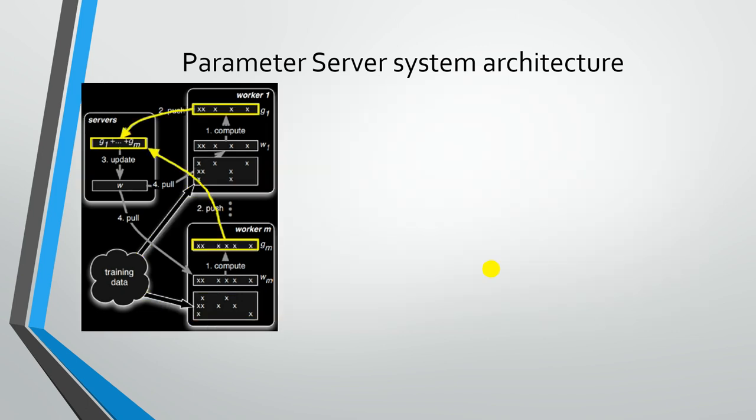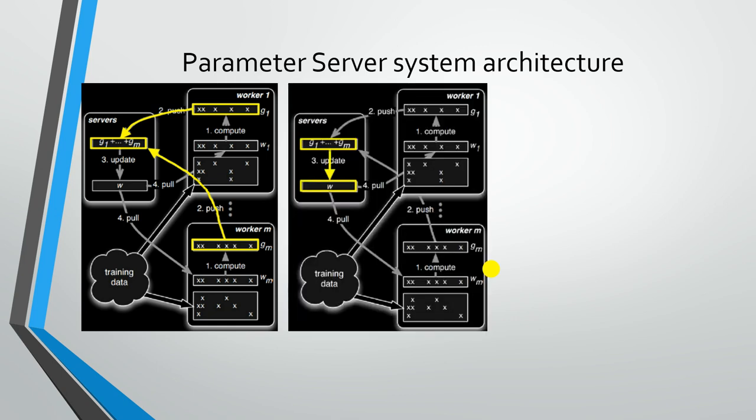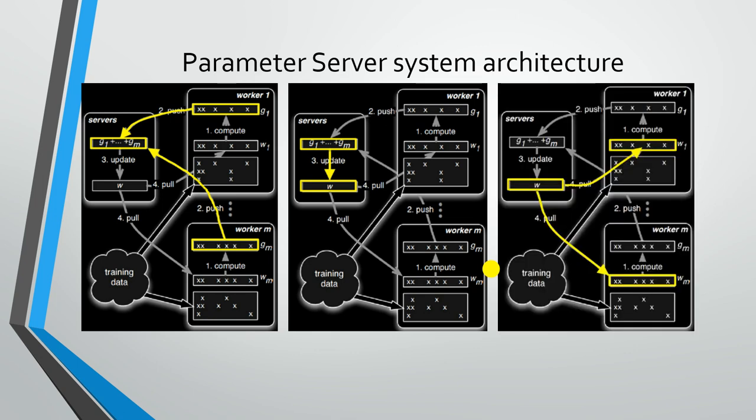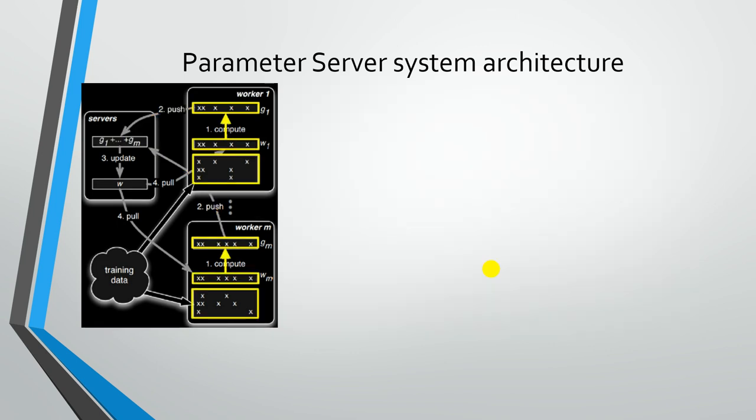The next step, then the server will update the working set according to the answers got by workers. Again, the workers will pull the working set from the server and do their computation, and again push back to the server. Then the server will update the working set again.